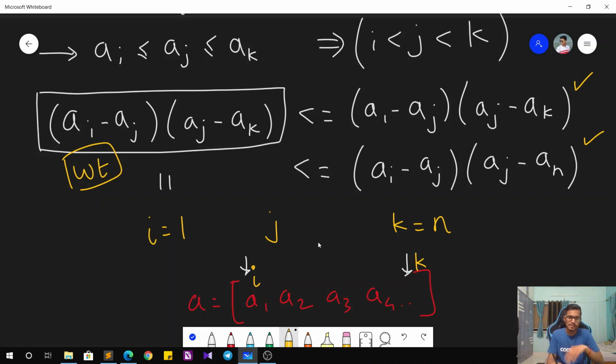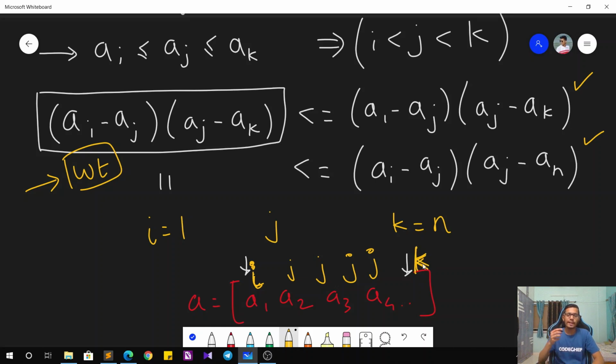That is, j is going to vary. We don't know for what exact position of j we are getting the maximum value of the weight, but for sure we can say that because the value of the expression lies in between these two ranges, if we fix I as the first element and k as the last element, then we are getting our optimal answer.